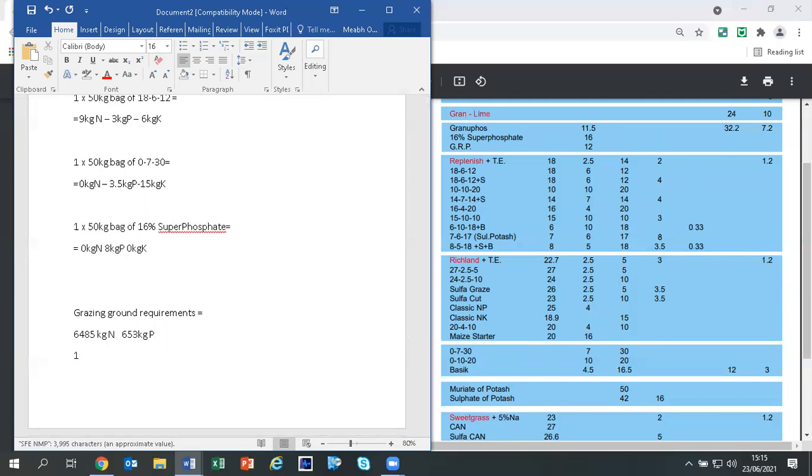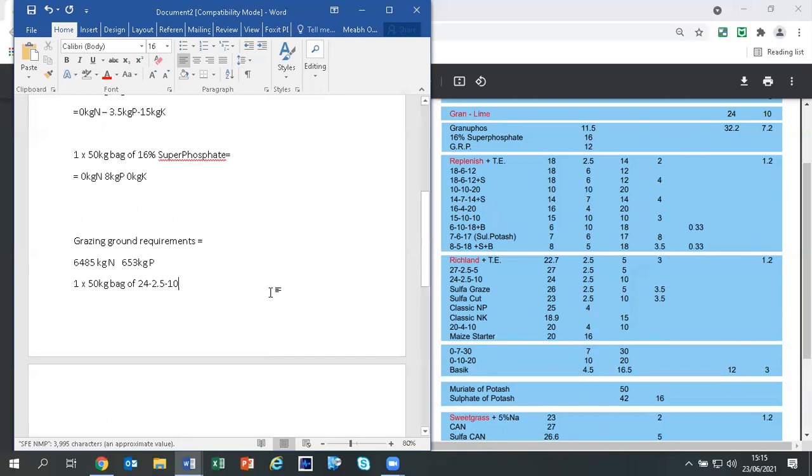So if we take one 50 kg bag of 24, 2.5, 10, my apologies, and we need to work out how many kgs of N, P and K are in that, we just divide by 2 to find out there is 12 kgs of N, 1.25 kgs of P, and 5 kgs of K. All right.